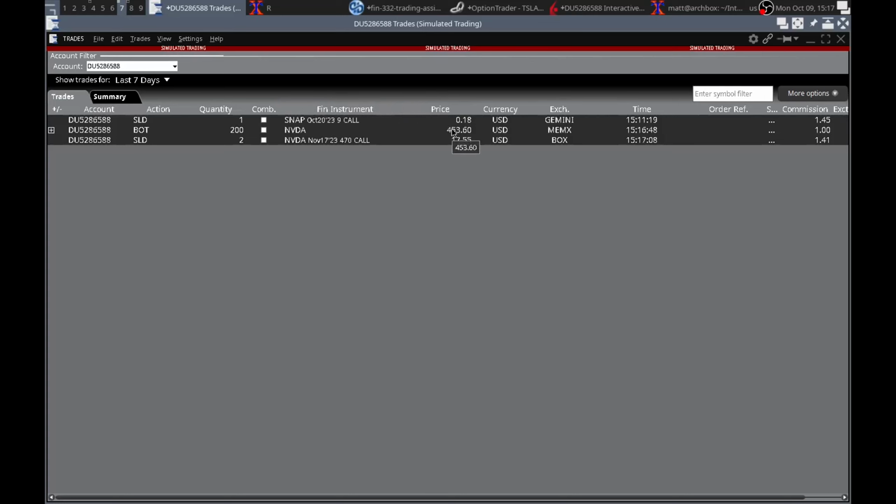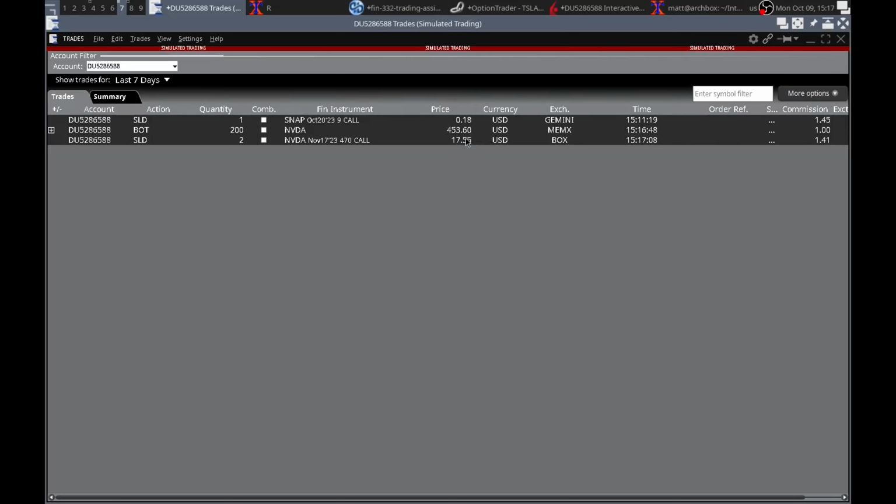So I bought the stock at 453.60. I sold the option at 1755. Keep in mind, this price is per option, and for the entire contract, I would have received $1,755.